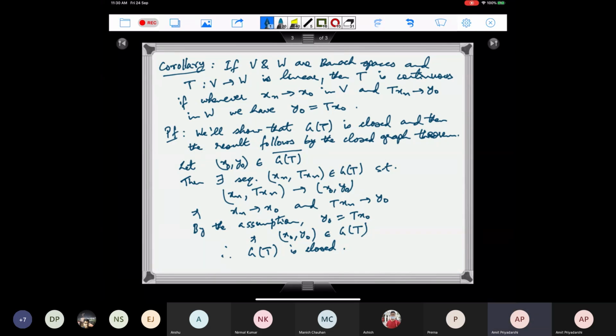And because T is linear, T of xn minus x naught is the same as Txn minus Tx naught. So by this you see that you can even assume that x naught is equal to 0.